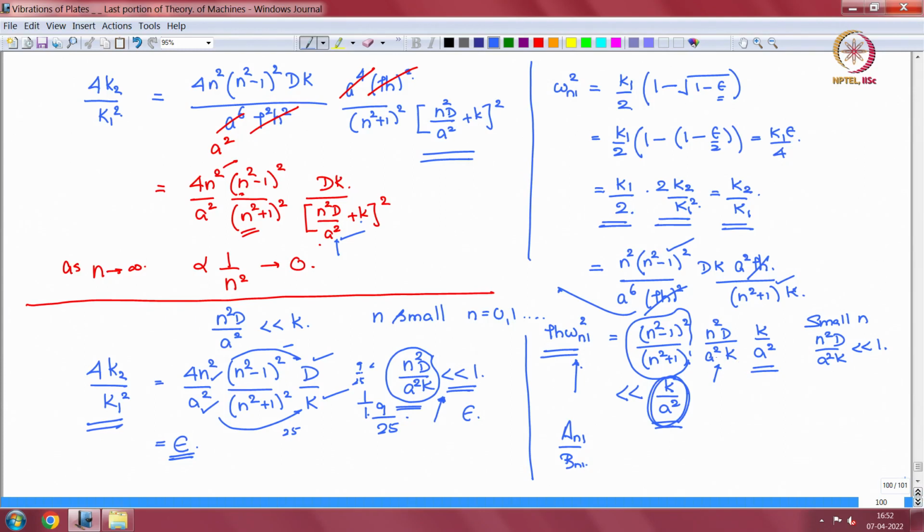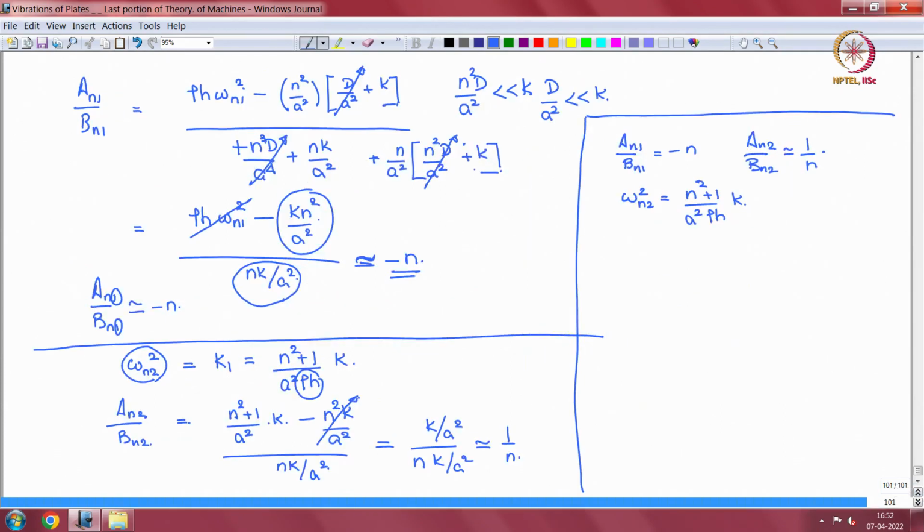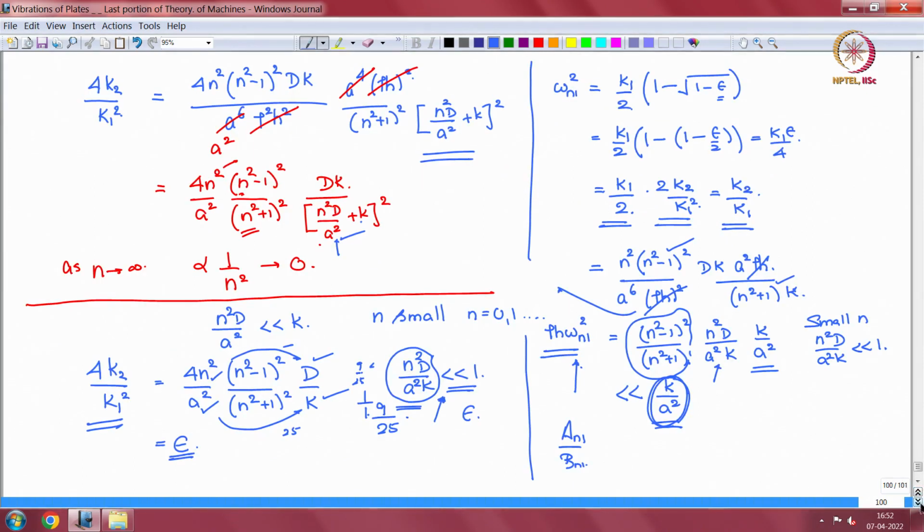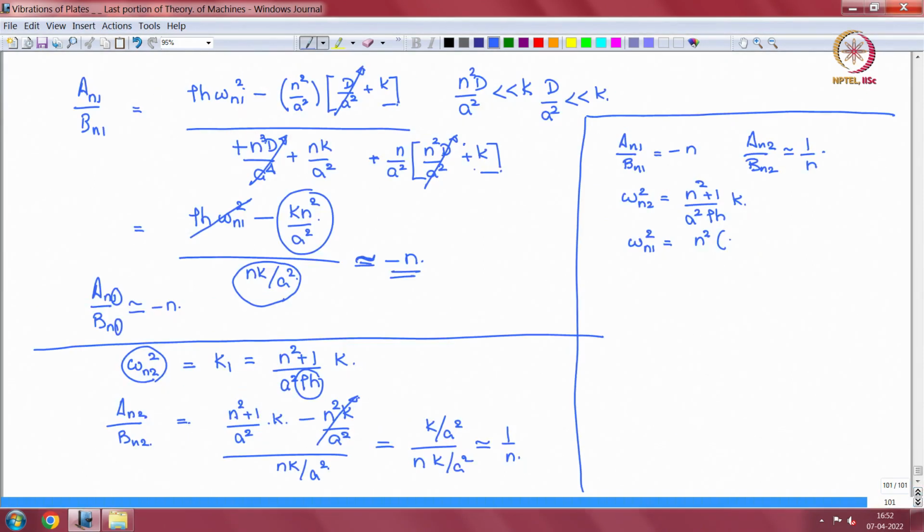Okay, let's just put it here, omega n1 square has n square minus 1 in the numerator and other terms. That is all we need here.